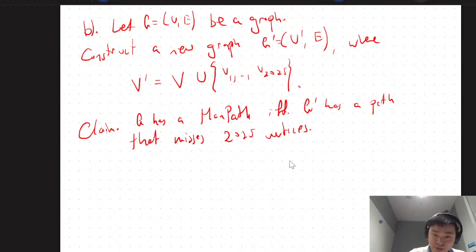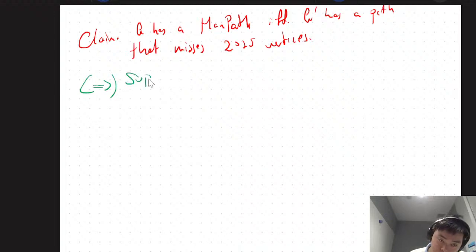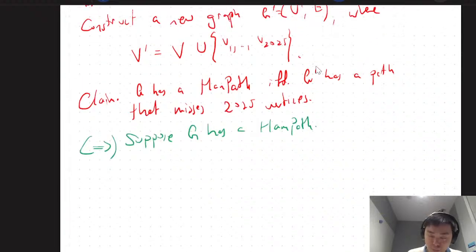Okay. So for the forward direction, suppose G has a Hamiltonian path. Okay, so G has a Hamiltonian path. That means if I look at the construction of G prime, all I've done is I've just added some isolated vertices.